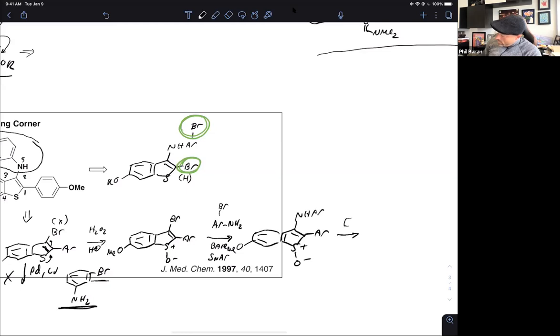And then you can reduce that off with a variety of different conditions that are halogen sparing. For example, a hydride will do it, and be on your way.